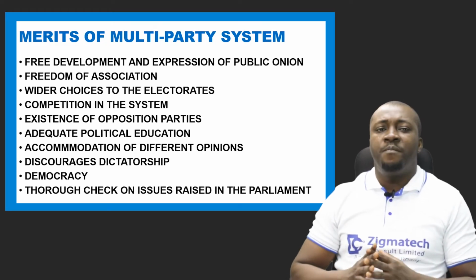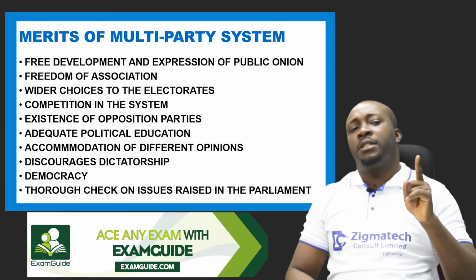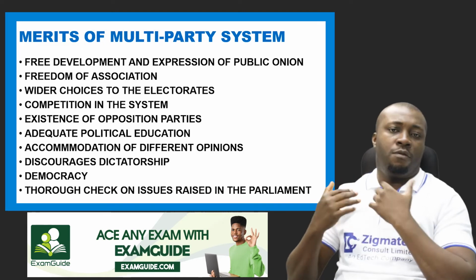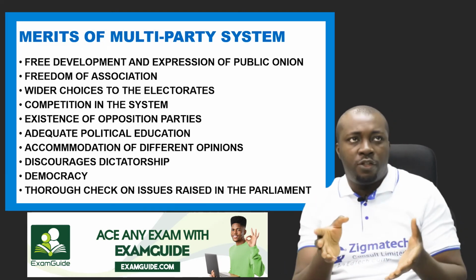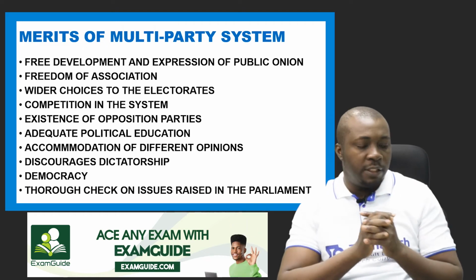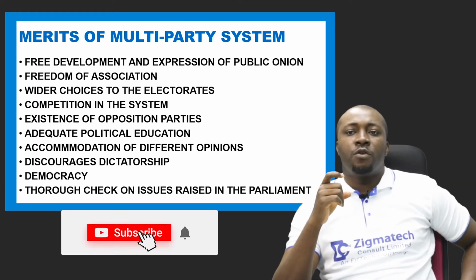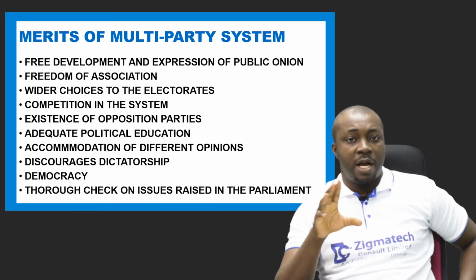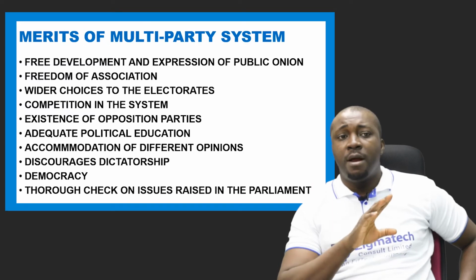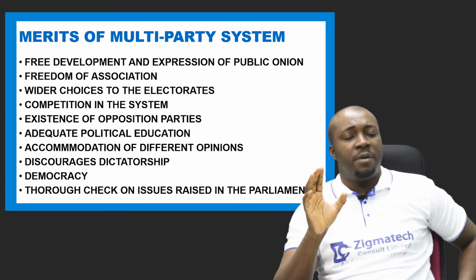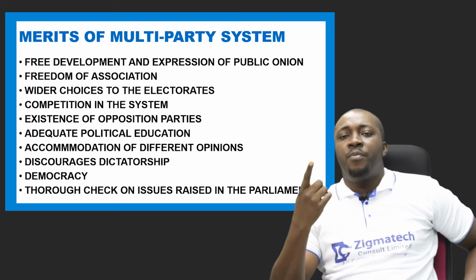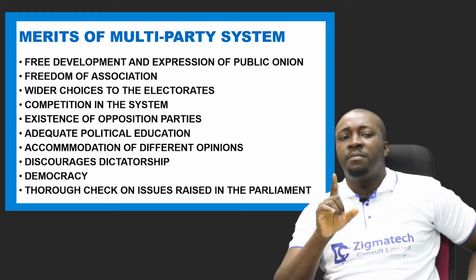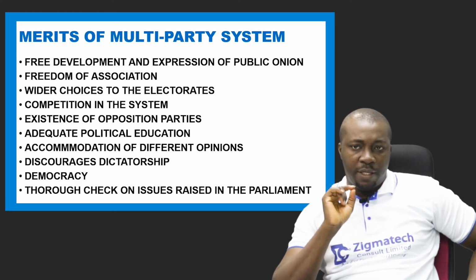The electorate can make choice. At least they must see a political party program that is in line with what they believe in. So wider choices are available to the electorate. Also, there is better competition on this system, because we have different political parties. So there is better competition, and because of that better competition, every party must come up with a program that must be attractive to the public.